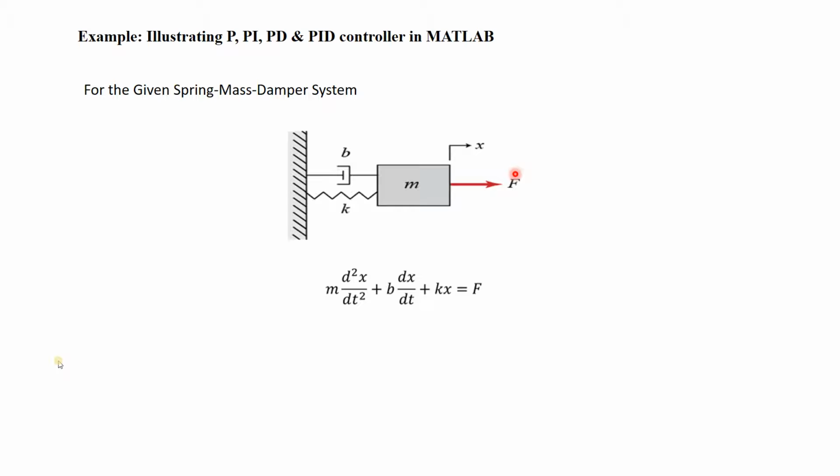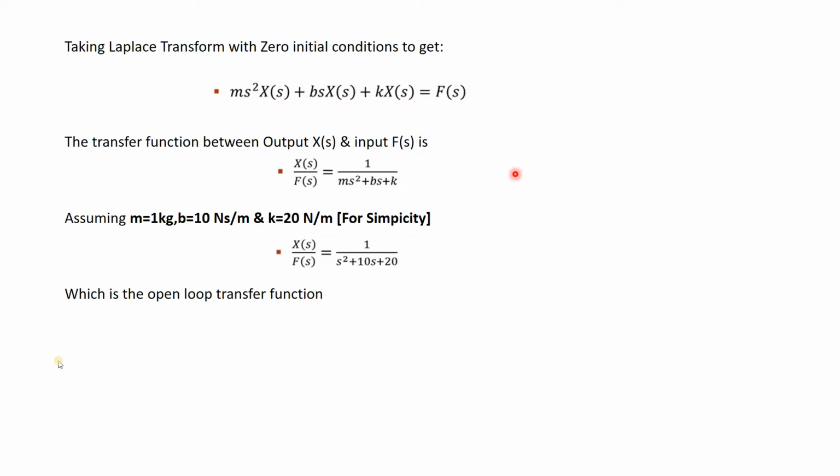So F is the input and displacement is the output. So X(s) by F(s) is the transfer function, the open loop transfer function.